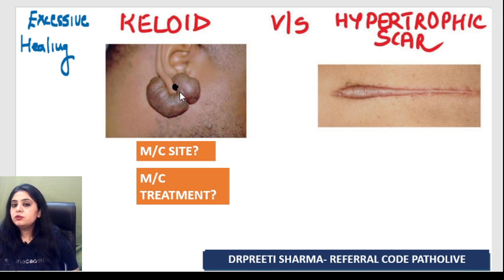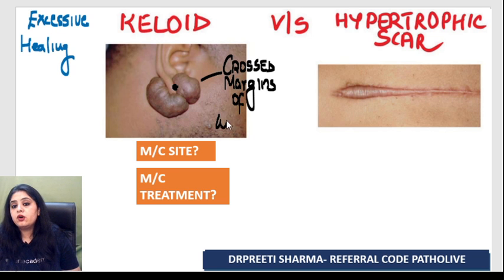So ear piercing was few right? Just a tiny ear piercing. But is the scar along the margins of the ear piercing or has it crossed the margins? Very well, you can appreciate that this has crossed the margins of the wound. That is the feature of keloid. It crosses the margins of the wound.